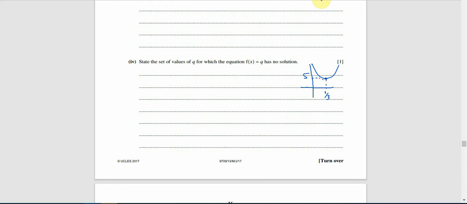So for what values of y does this have no solution? That's obviously going to be the area under this curve, since it's not intersecting any point of the curve, so it's going to be below 5. That's why q is going to take the values of less than 5. There's no solution beneath this point, so that's going to be your answer.